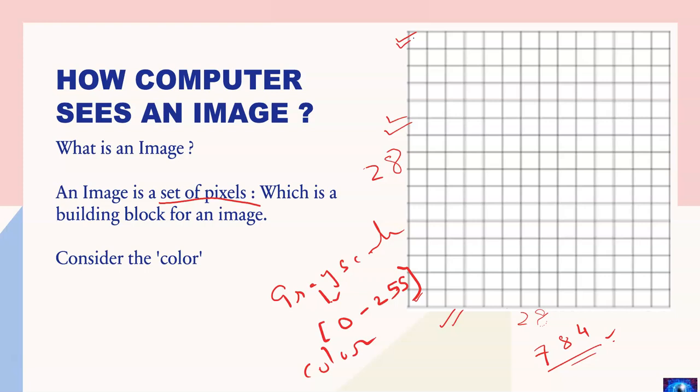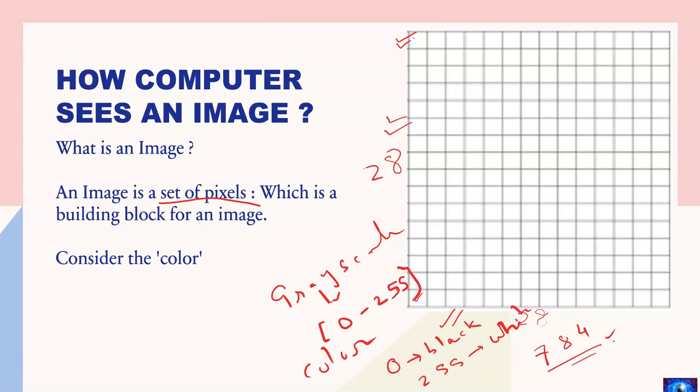Now what does 0 mean, what does 255 mean, and what do the values between these mean? In grayscale, if the value is 0, then this denotes black, the darkest black color. If the value is 255, then it is the white color, or there is no color in it.